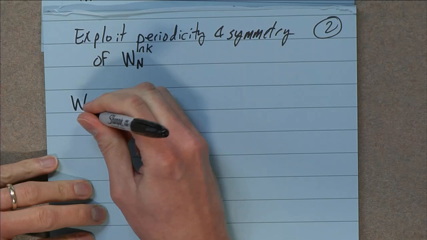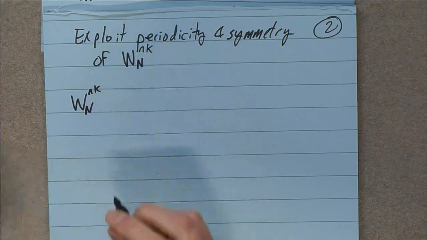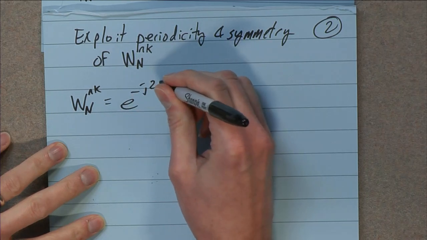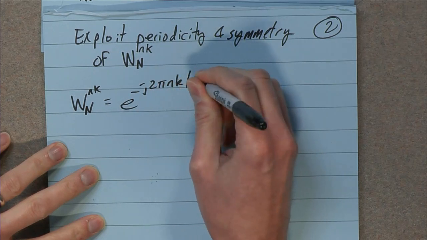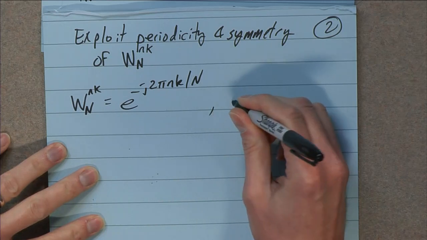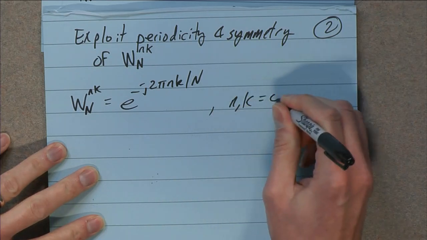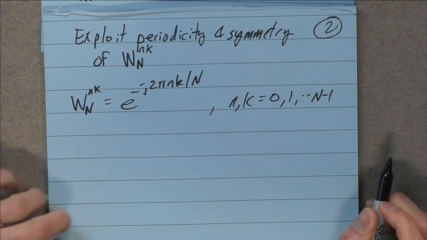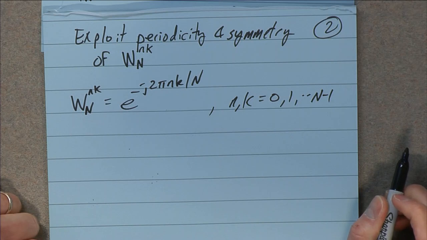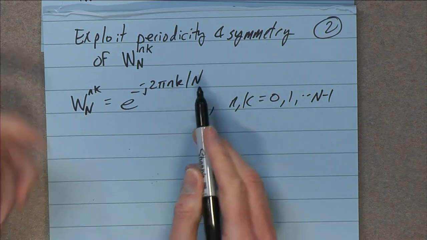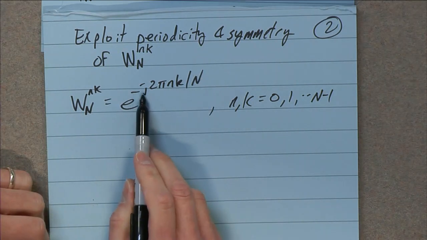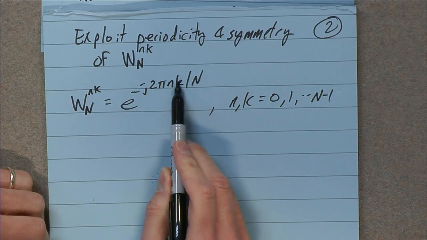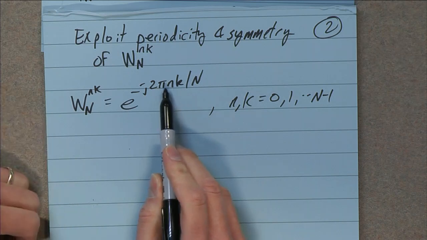So let's take a look at a few of them to get you thinking about how this works. That's 2 pi nk over capital N, and either of these indices, n and k, can be 0, 1, ..., N minus 1. Right off the bat, if either n or k is equal to capital N, you end up with e to the minus j 2 pi, because the capital N's cancel, times some index.